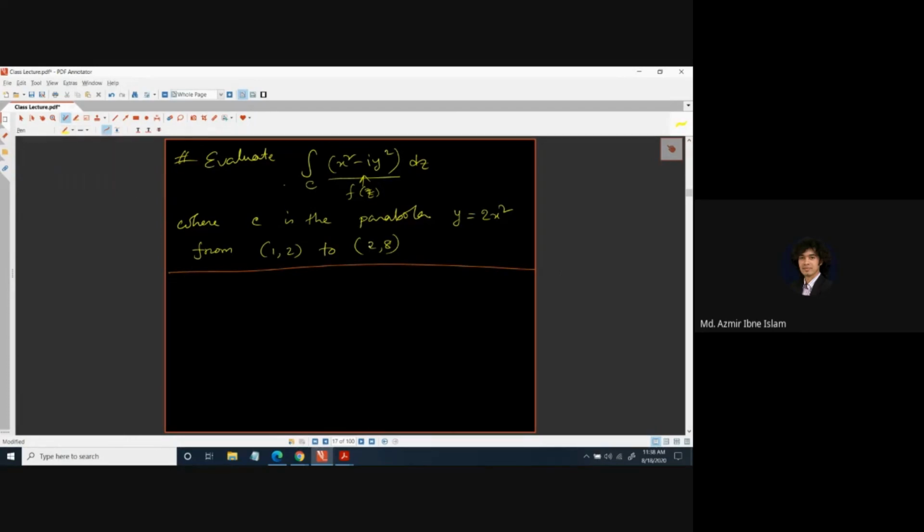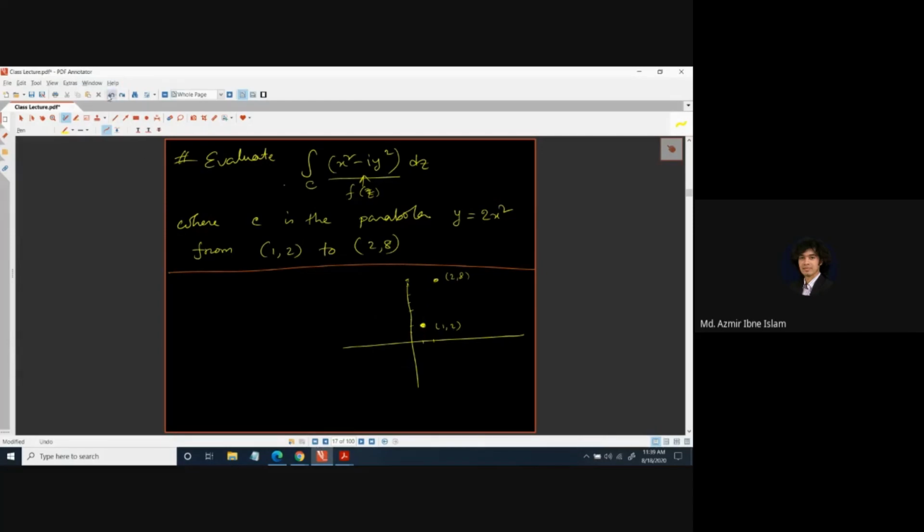At first, here we have the first point 1, 2, and 2, 8. So we have a parabola. This time it is not a straight line, it is a parabola.